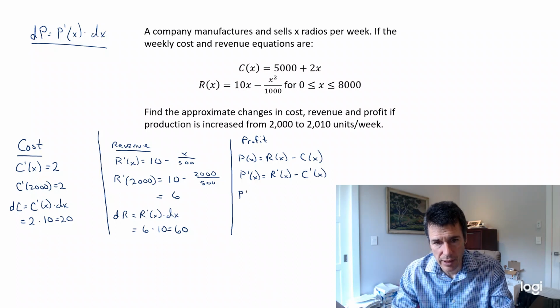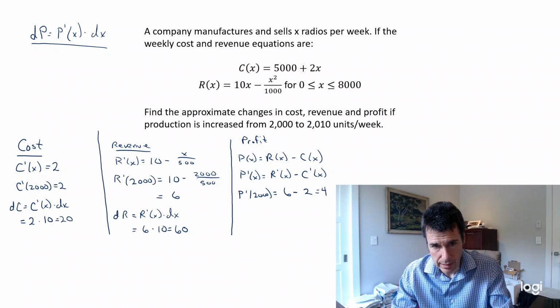So the marginal profit at a production of 2,000 is the marginal revenue at 2,000, which was 6, minus the marginal cost at 2,000, which was 2, so that's equal to 4. And now we can estimate the change in profit using our differentials, so that's P'(x) times dx, which is 4 times 10, which is 40.